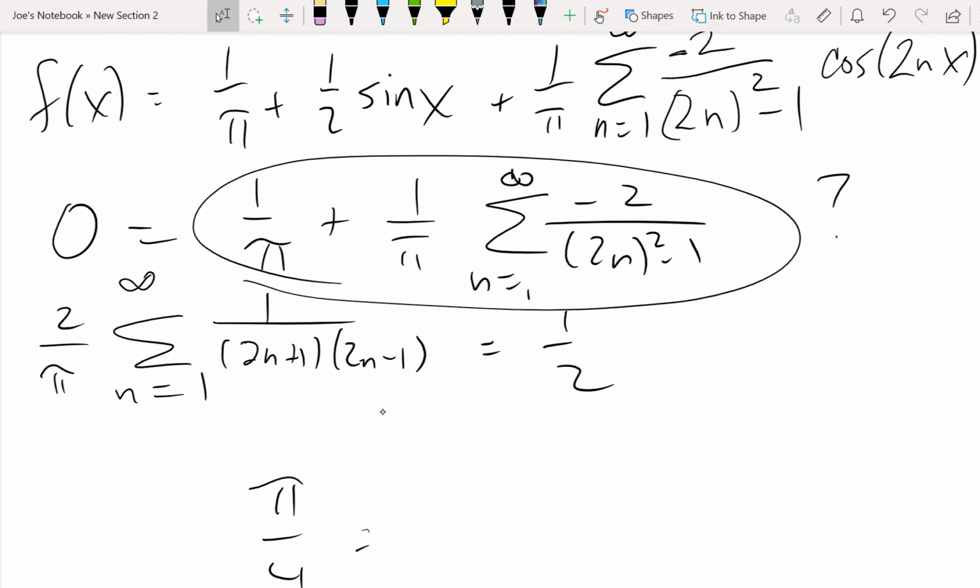That is b1. So why is the summation starting at equal 1? Because I changed it to be evens. I replaced n with 2n so I could start it at 1. That was why I did it that way. Here I just factored the denominator and made it 2n plus 1 times 2n minus 1, because 2n squared minus 1 is the difference of squares.